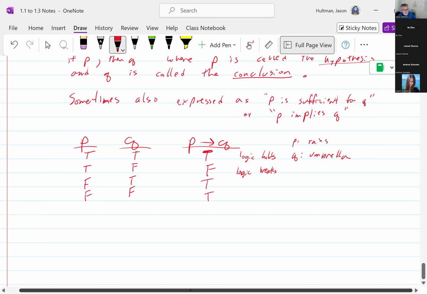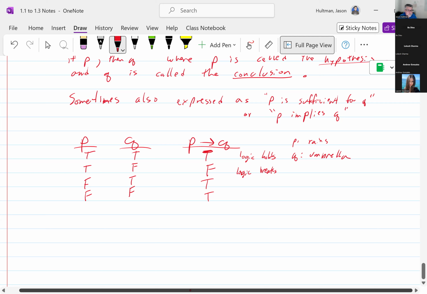It could be true if I carry an umbrella, and it could be true if I don't carry an umbrella, because it doesn't matter, because the hypothesis, the one that Q depends on, is broken. So if it is sunny, I could carry an umbrella, I could not carry an umbrella.